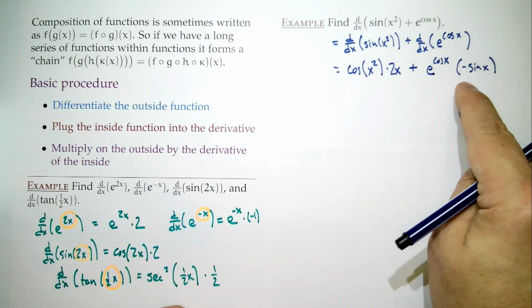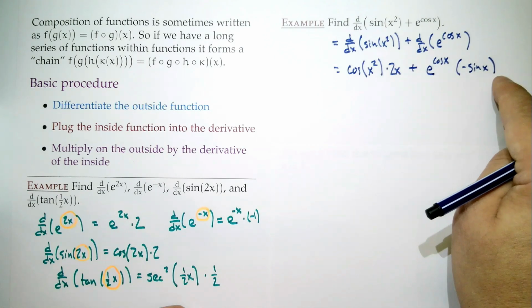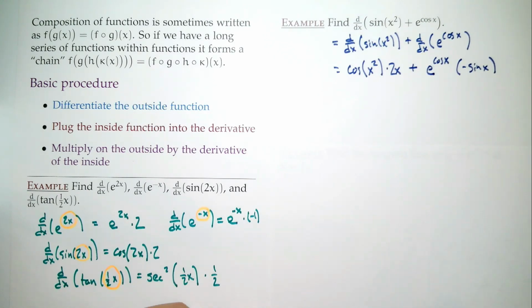Now you'll notice parentheses. Be careful. Sometimes if you had left off your parentheses, it would look like e to the cosine x subtract sine x, and we wouldn't want to make that mistake. We might lose points, but we want to lose points in a good way, for good mistakes.